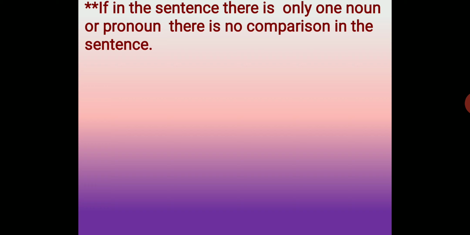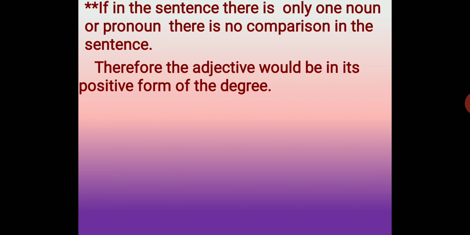In this kind of situation, what can we do? Therefore, the adjective would be in its positive form of the degree. And what is the positive form of the degree? Let's see with an example.